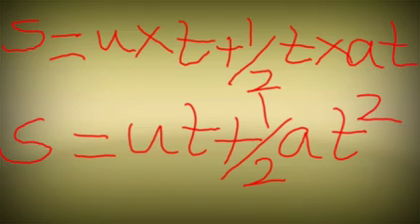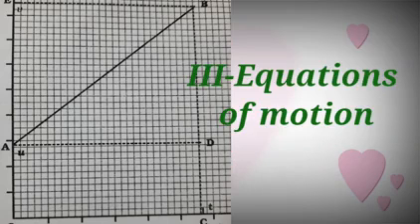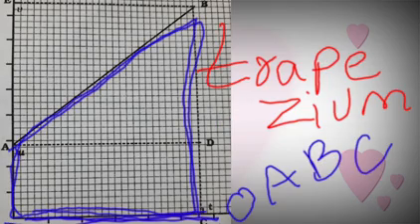Here S is distance traveled, U is initial velocity. The third equation of motion, let us see now. Once again, we can consider the trapezium OABC. Here, the area of the trapezium is equal to the distance traveled. The formula for the area of the trapezium is the addition of two sides into base divided by 2.